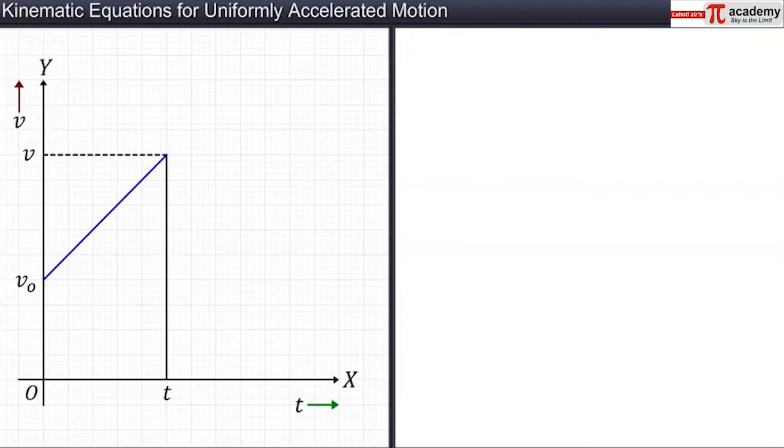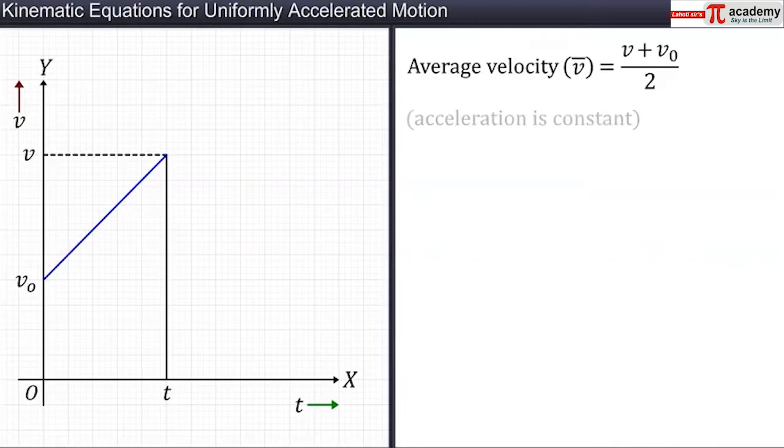The third equation is the relation between initial velocity v0, final velocity v, acceleration a, and displacement x. The average velocity of a body v' is half the sum of v and v0, where acceleration is constant.